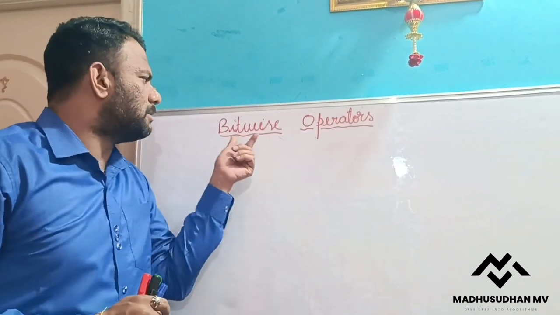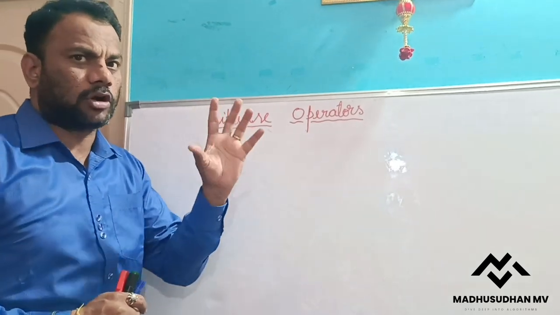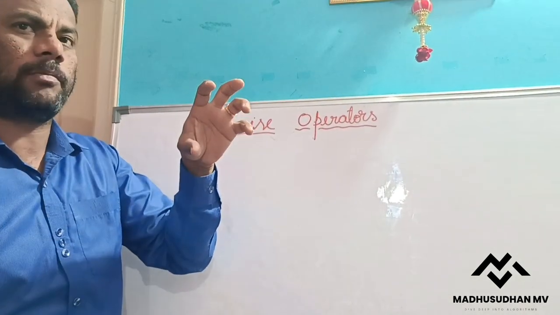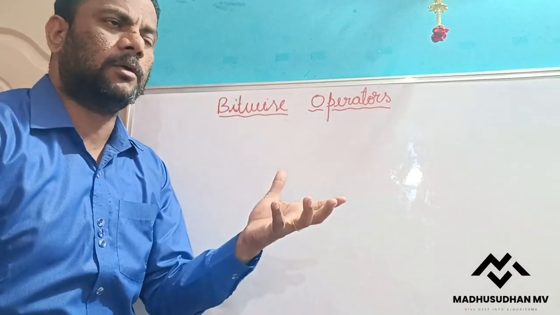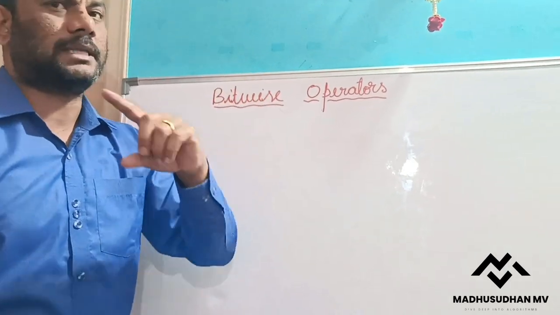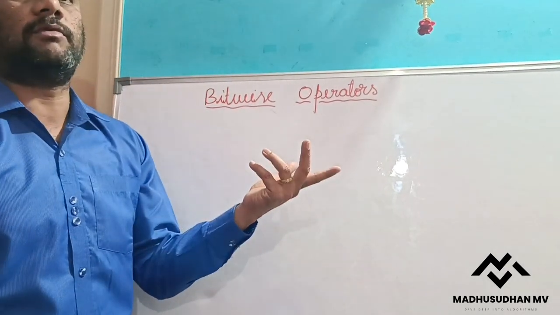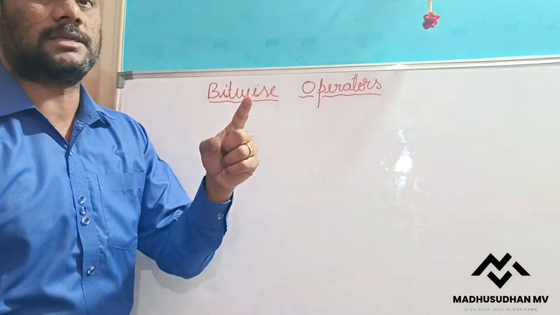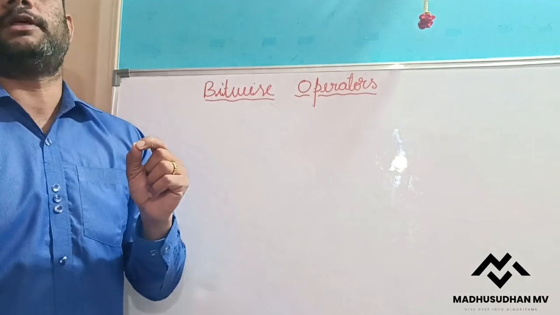Hence the name is what? Bitwise. Since logical operators operate on the whole value, the result of a logical operator is either 1 or 0. But here we get whatever. So a bitwise operator always operates on the individual bits of the number.